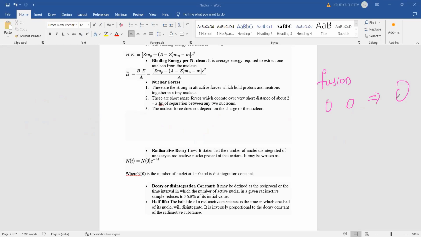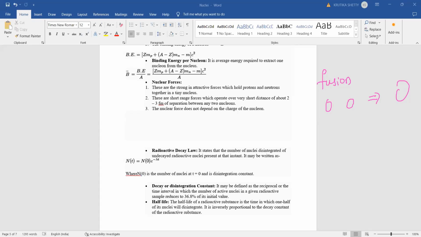In the nuclear fusion reaction, light nuclei like hydrogen combine, and this kind of process takes place in the sun. There the small nuclei combine together to give the heavy nucleus.